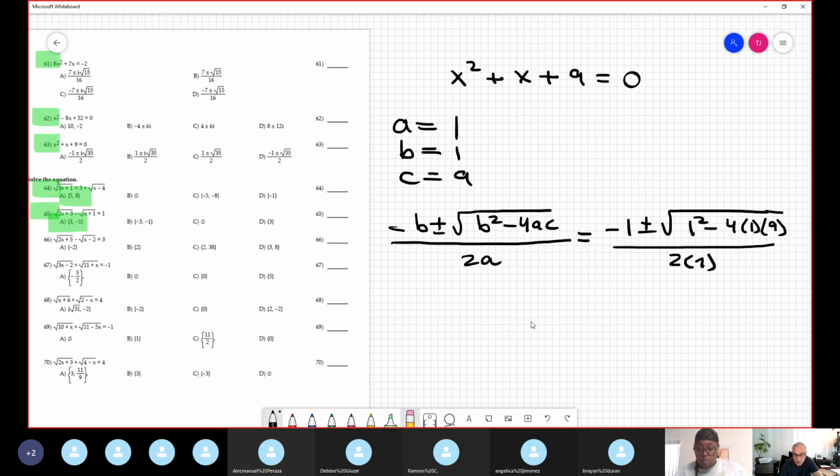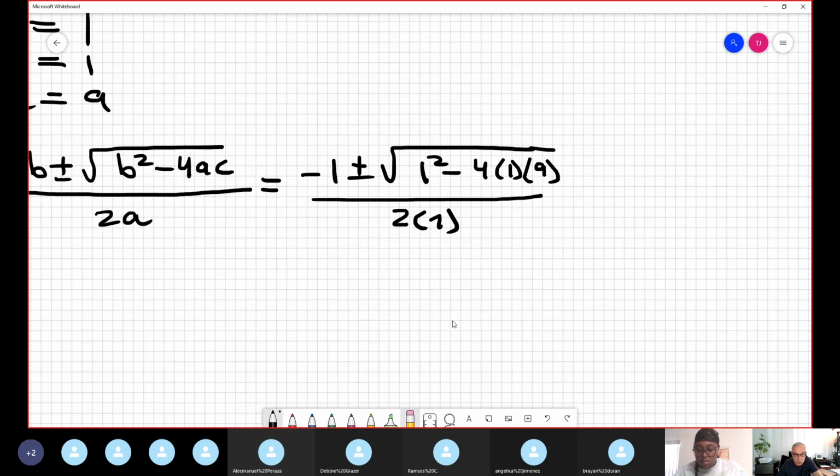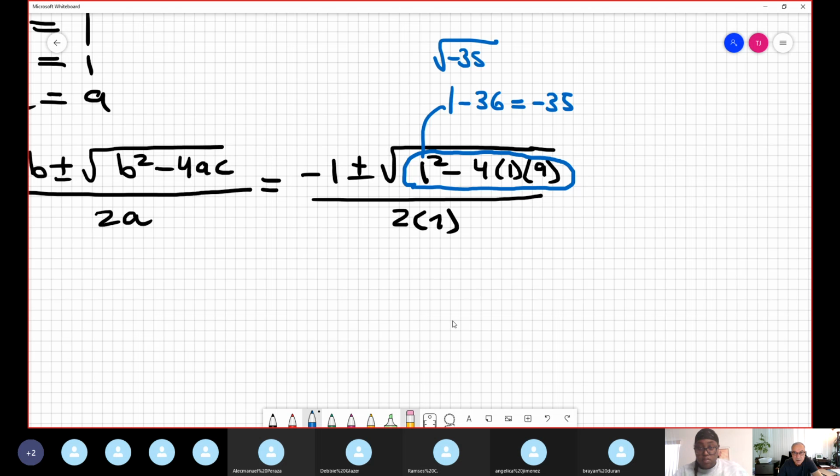Okay, let's focus on the operation inside the radical, which is the first thing you should do according to the order of operations. So 1 squared is 1, minus 36 is negative 35. And the square root of negative 35 is an imaginary number, it is i times the square root of positive 35.